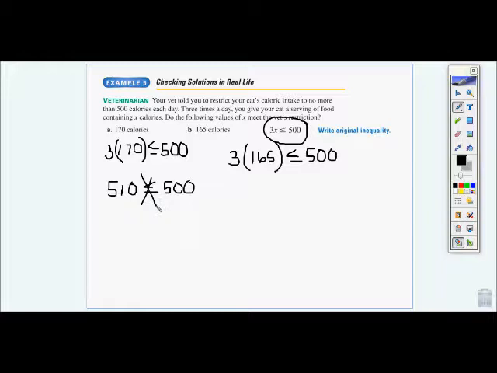And then the 3 times the 165, if I limit each one of those feedings to 165, just 5 calories less a feeding, I'll end up with 495, which is staying in my less than or equal to 500 calorie limit that the vet asked me to stay to. So each feeding cannot be more than 165 calories. So the same process, substituting it in, and just make sure that it works for the inequality symbol. And that finishes off that lesson.